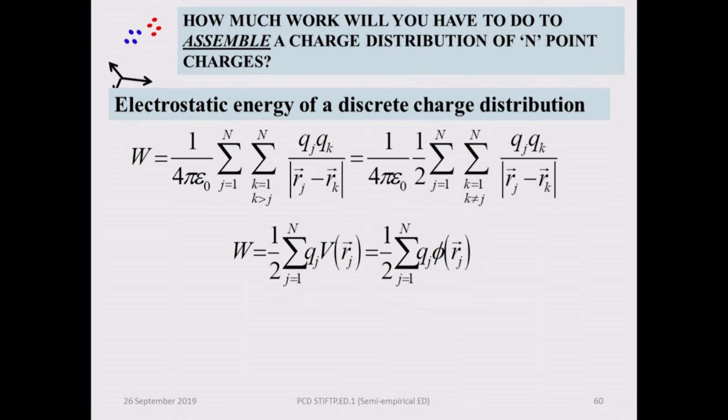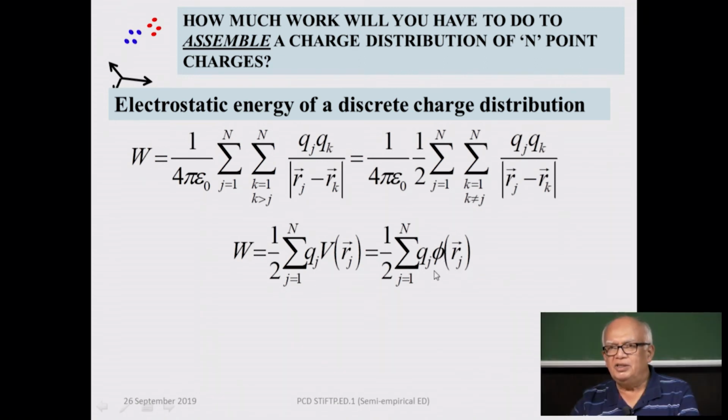So, this we considered discrete charges. You can write it in terms of the potentials at that point, and you can write the potential either as phi or as v. So, these are two equivalent notations.